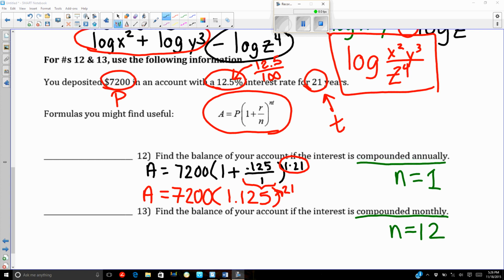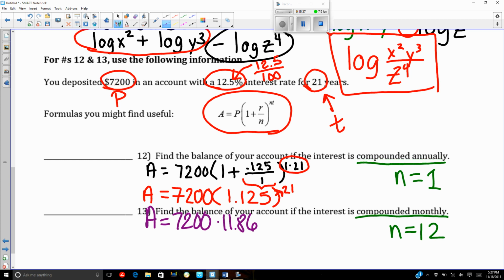So my work is bleeding over a little bit here to the next problem, but this is going to be 7,200, and then times that decimal. Really, you can, once you get that decimal, 11.86323057, I would just take that decimal and then multiply it by 7,200 immediately.